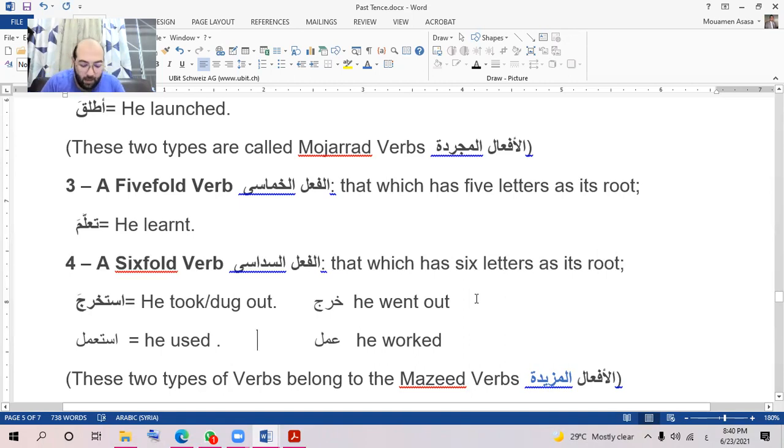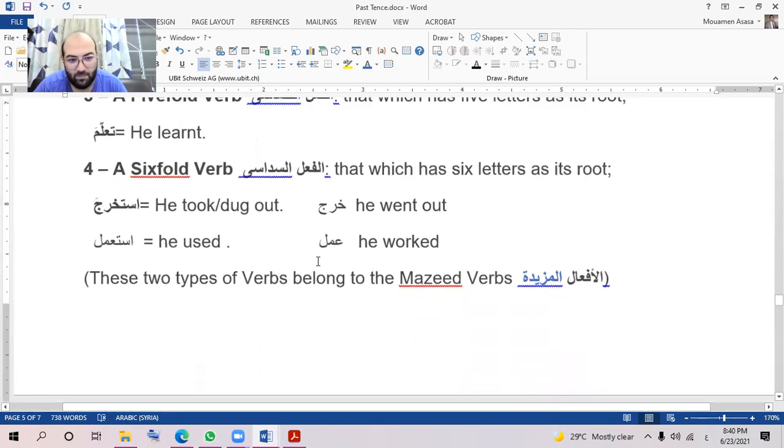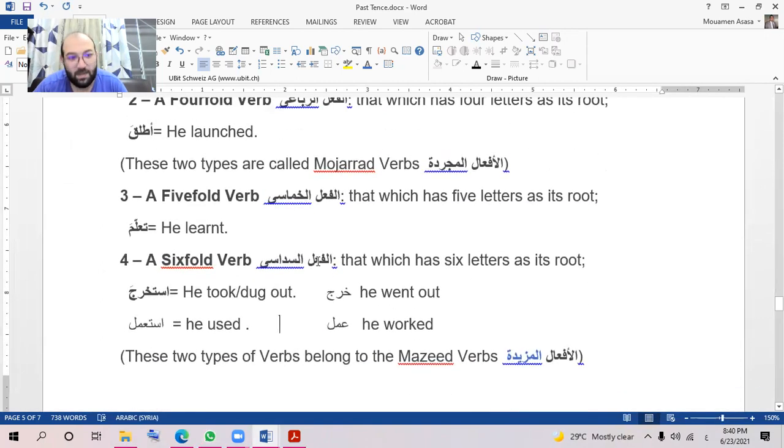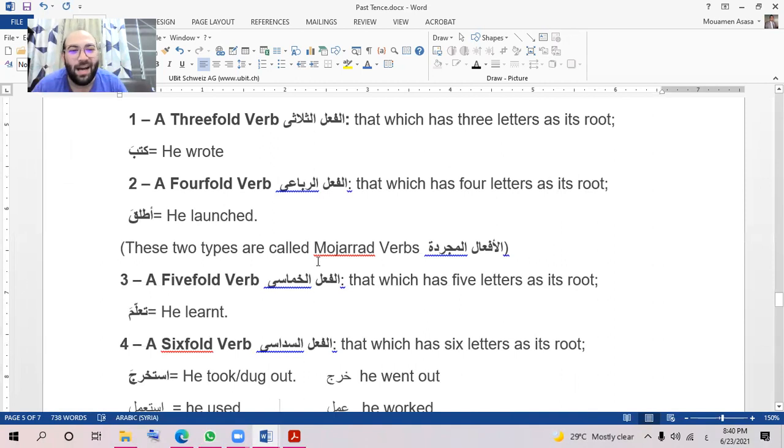Any questions until now? Can we say that these fivefold and sixfold verbs also belong to the first category? Yes, this is what I want you to come to. This is the conclusion: Arabic is simple. When you open the dictionary, you have four categories for the verbs.